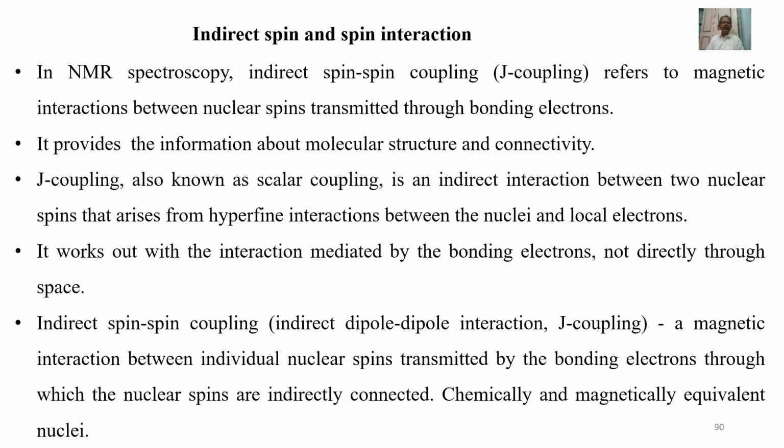Let us discuss indirect spin-spin interaction in proton NMR. In NMR spectroscopy, indirect spin-spin coupling, what we call J coupling, refers to magnetic interactions between nuclear spins transmitted through bonding electrons.